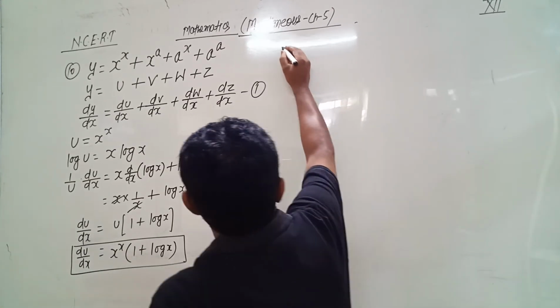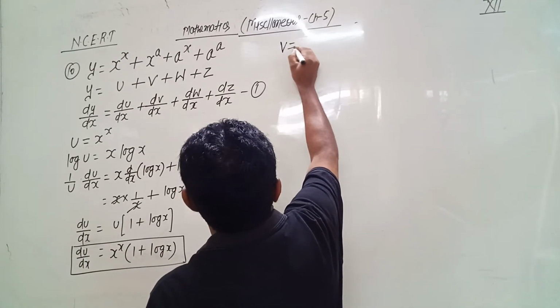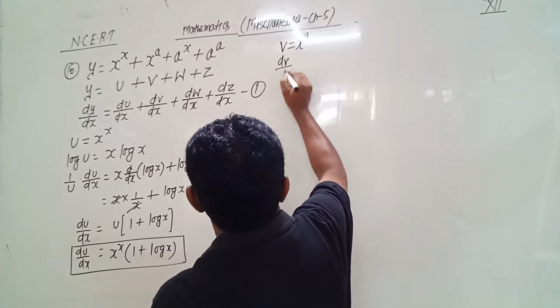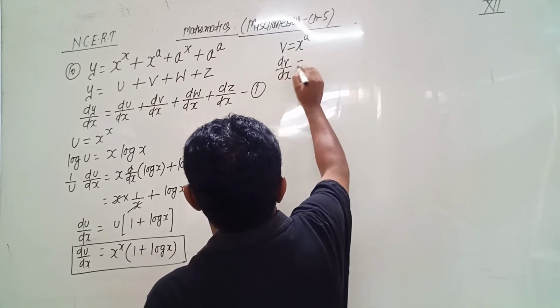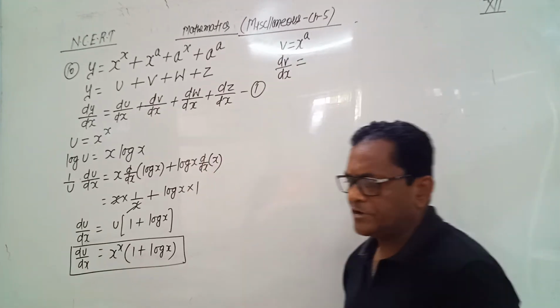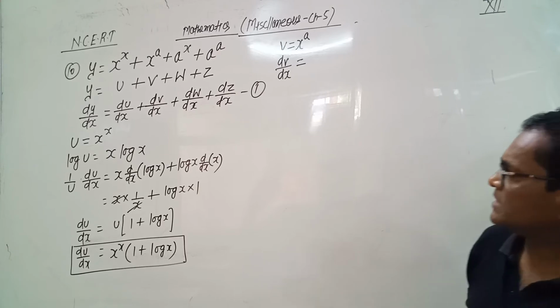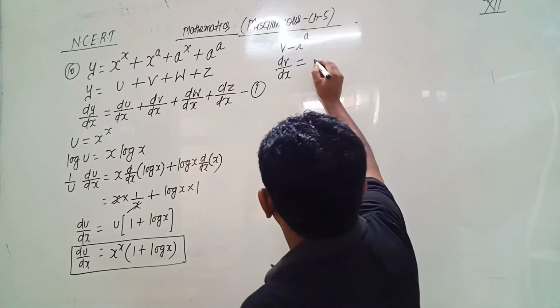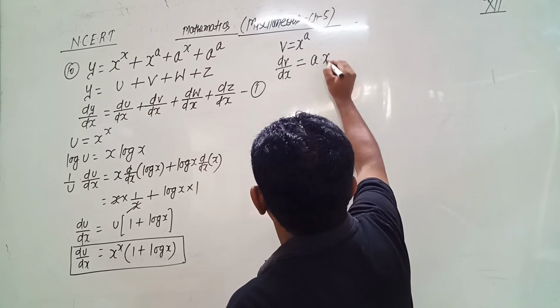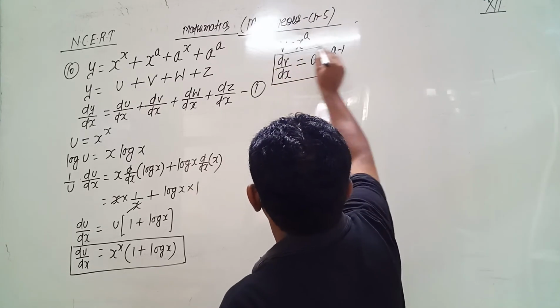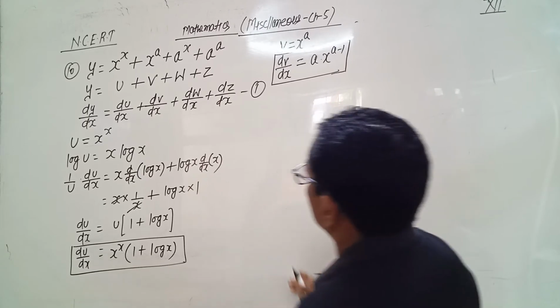Now v equals x raised to the power a, and dv by dx will be differentiated directly, no need to take the log. This will be differentiated in the form x raised to the power n, so we get dv by dx equals a into x raised to the power a minus 1.